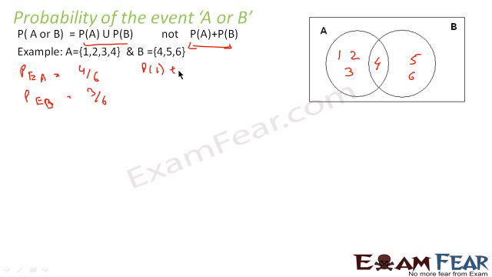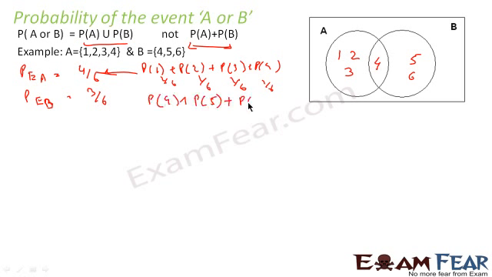Probability of 1 plus probability of 2 plus probability of 3 plus probability of 4, and all these are equal to 1 by 6. So when you add this, you will get 4 by 6. Similarly for B, probability of 4 plus probability of 5 plus probability of 6: this is 1 by 6, this is 1 by 6, this is 1 by 6. When you add this, you get 3 by 6.